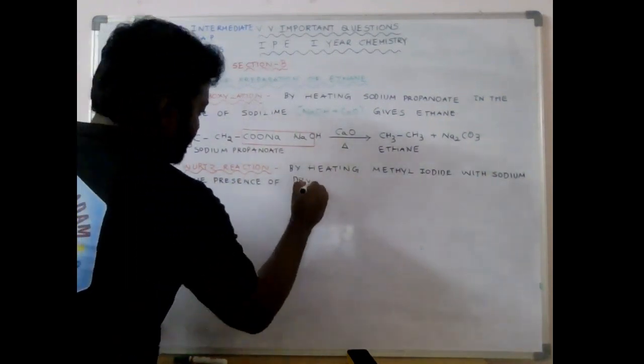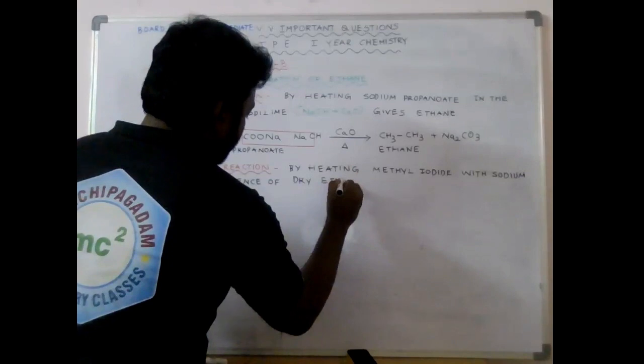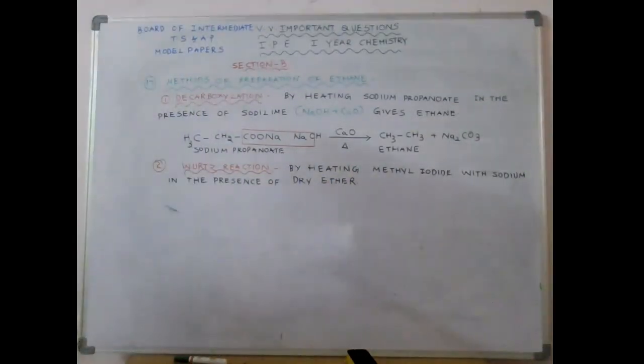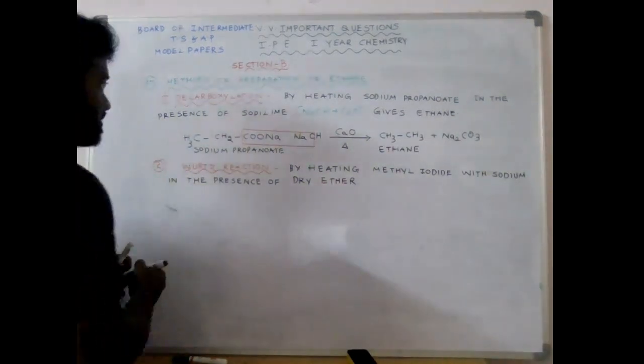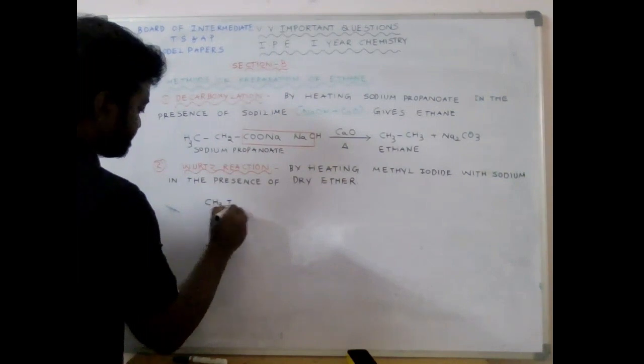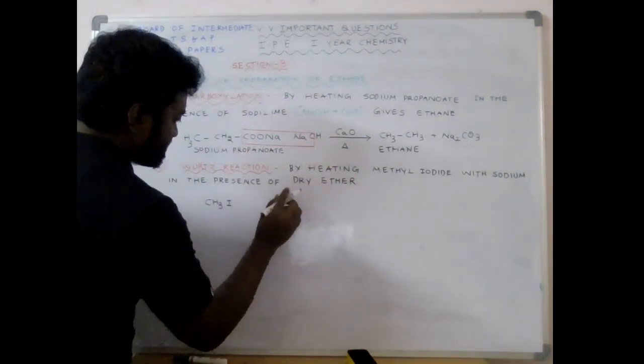We have to take dry ether as solvent and sodium metal, then you will get ethane. How we are going to get it, we will discuss. Methyl iodide means CH3I. We have to take 2 moles of that CH3I.